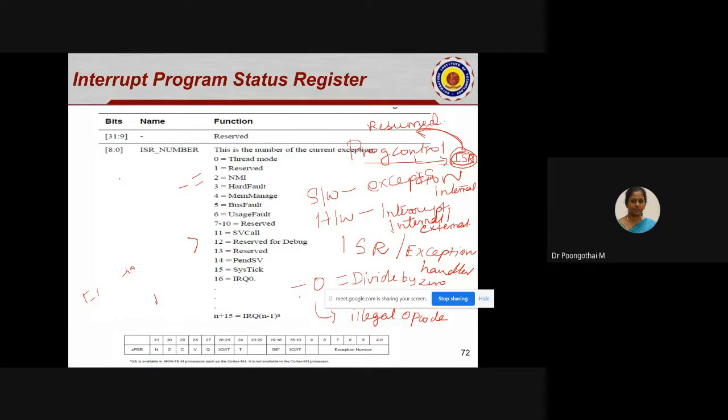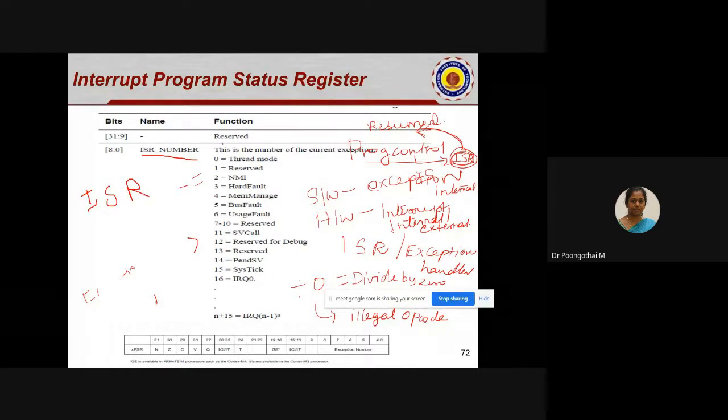So it contains the exception type number of the current ISR. Please note it down: it contains the exception type number of the current ongoing ISR. Every ISR is associated with one type number.